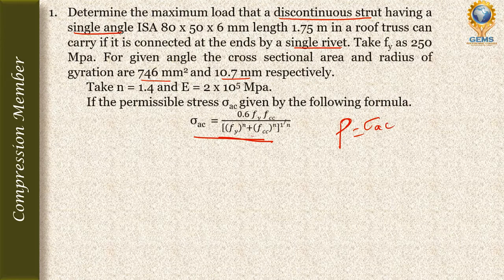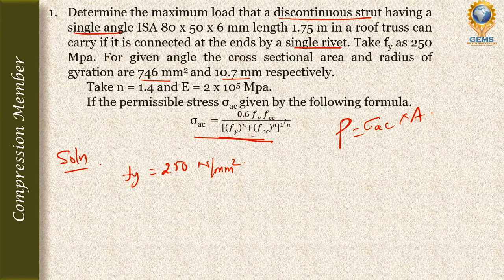This is sigma AC into A, which we have to find. So how can we do it? In the solution, Fy is given as 250 Newton per mm square.